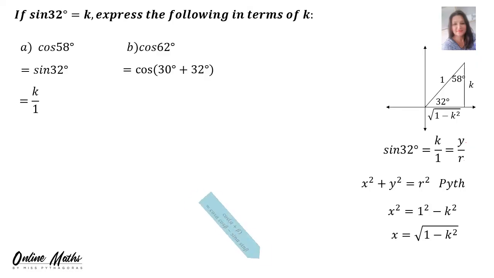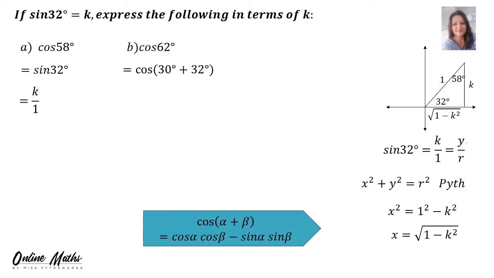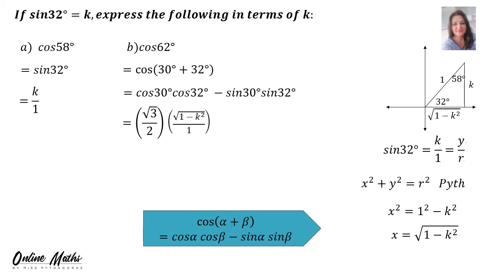So now you've got a compound angle. On the formula sheet, you find cos alpha plus beta. So therefore, you can expand that one into cos 30 cos 32 minus sin 30 sin 32. And now the value for cos 30 is root 3 over 2. Cos 32, you can say, if you go to your help sketch, let me show you. Cos, this ratio is x over r.